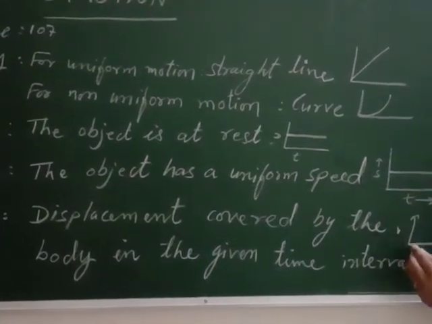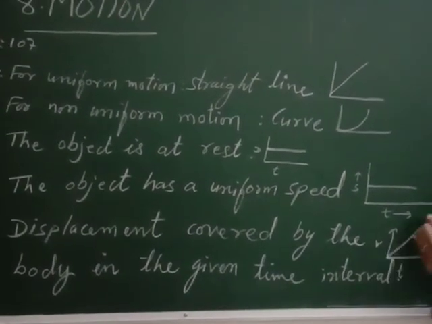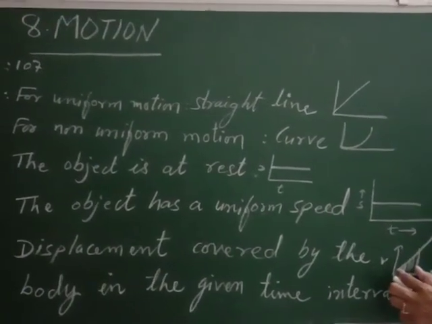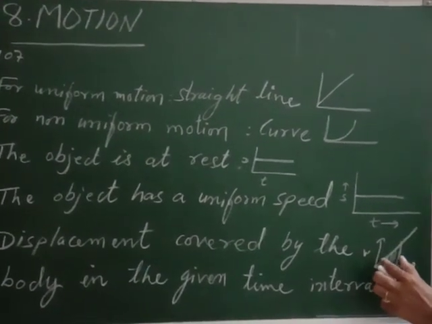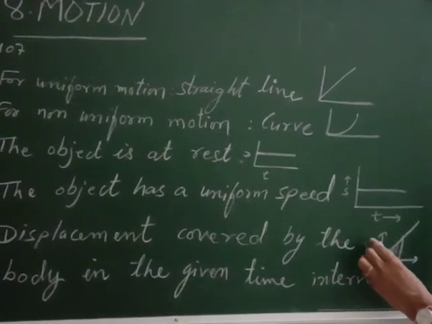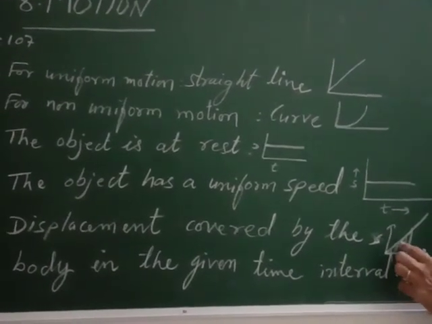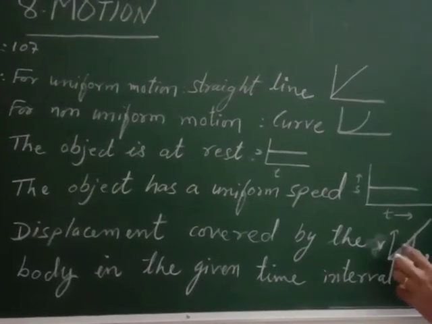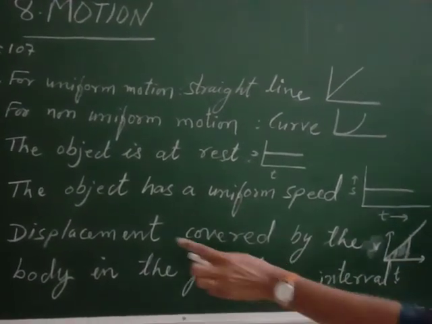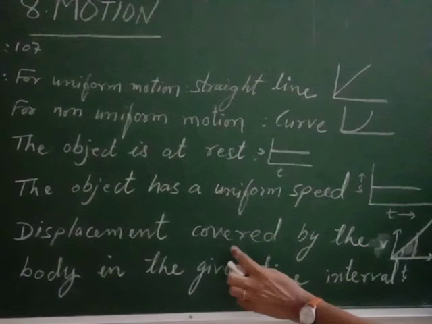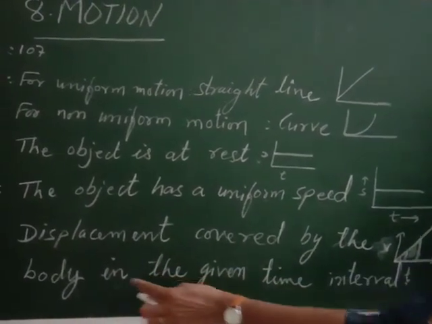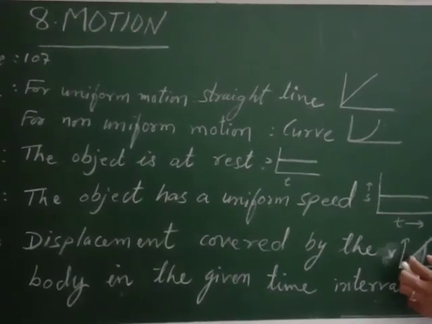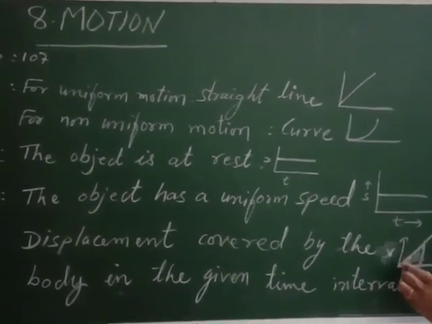If it is a velocity time graph, then this area represents displacement. If it is a speed time graph, then it represents distance. But if it is a velocity time graph, then the area below the line represents the displacement. So the displacement covered by the body in the given time interval is represented by this portion.